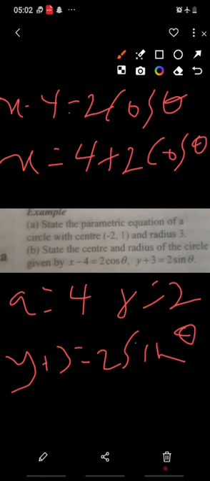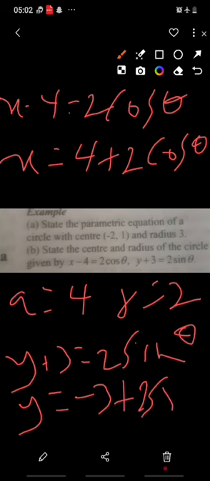So we have y is equal to -3 plus 2 sine theta.